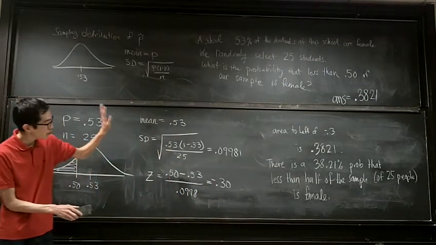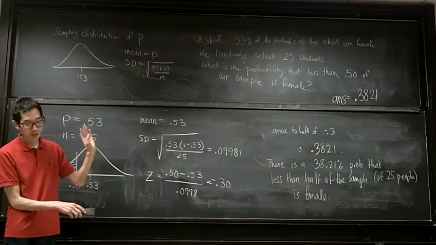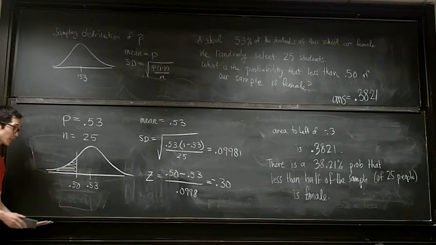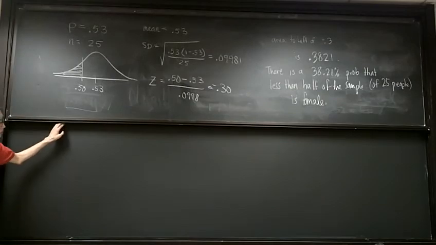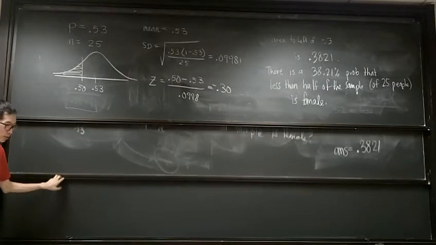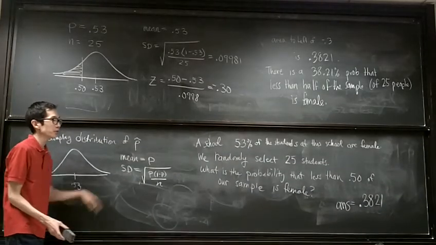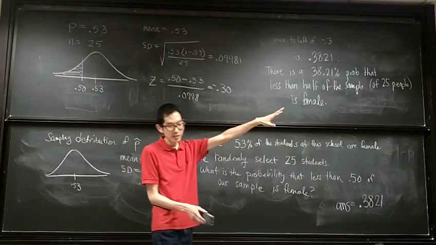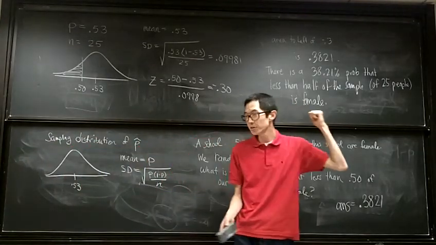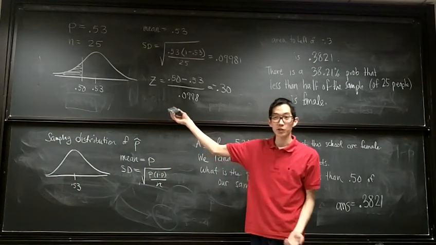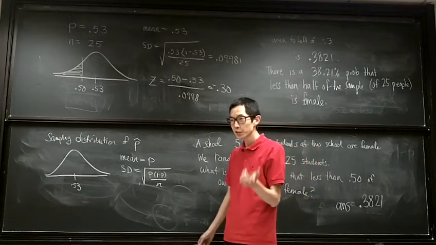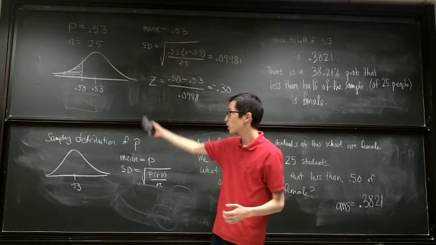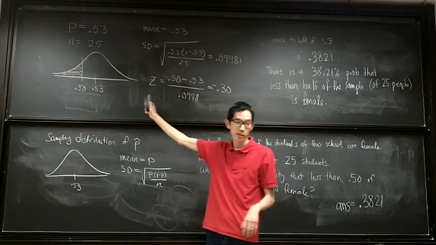Okay, so this is one problem that you need to know. And remember, what we're trying to do is approximate the sampling distribution using the normal distribution, the normal model. But there are certain rules or conditions that need to be met in order for the normal model to work, okay?